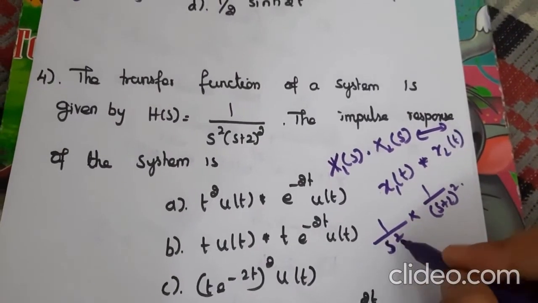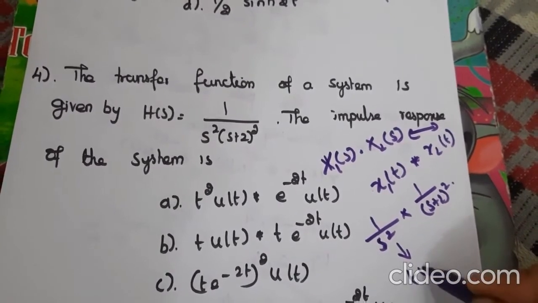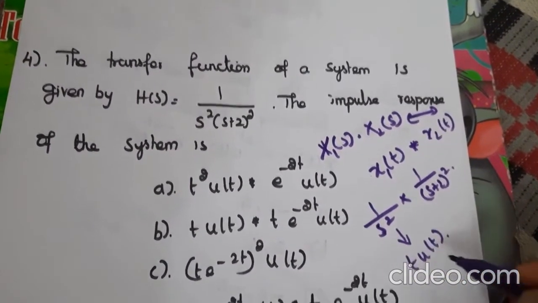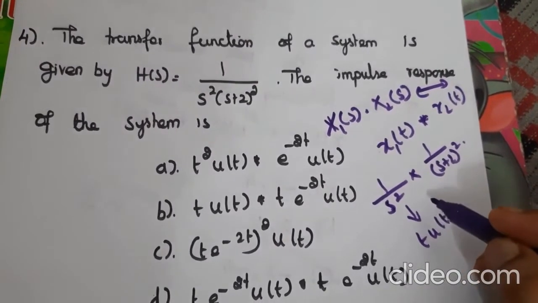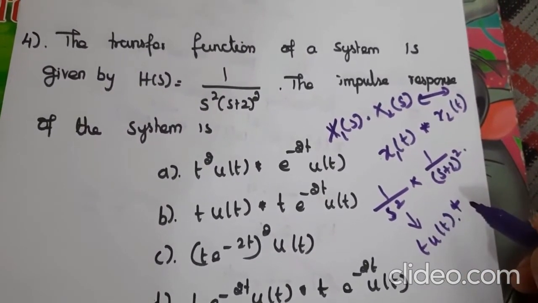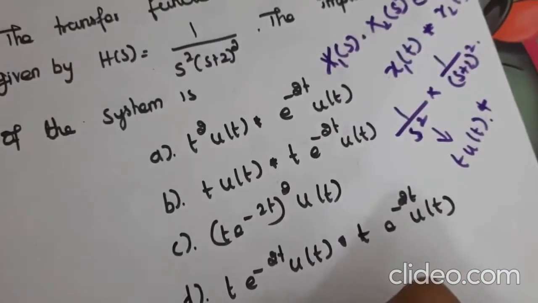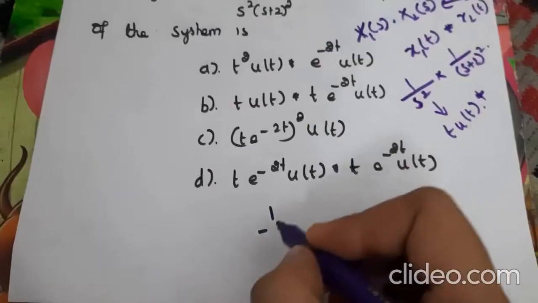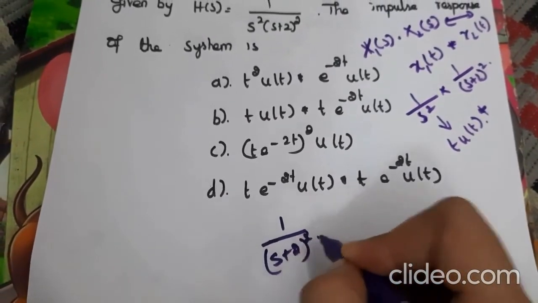So we can write 1 by s square, that is the Laplace transform of t into u of t. T into u of t is given as 1 by s square. And similarly, considering this one, 1 divided by (s plus 2) the whole square.